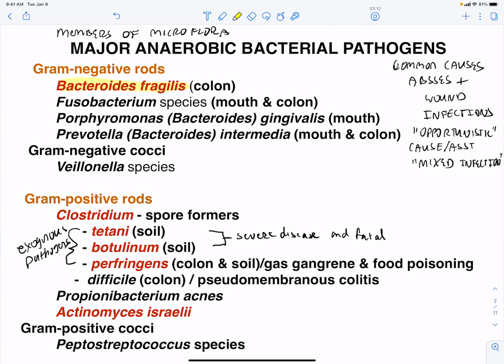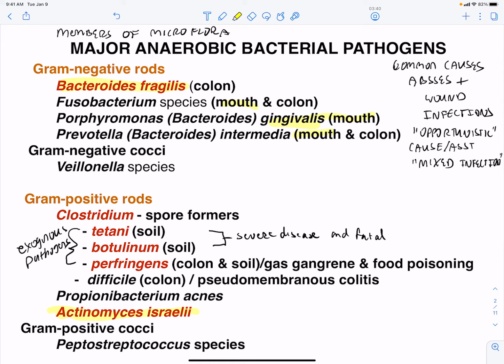We have a lot that are associated with mouth and gingivitis, Prevotella bacteria. We have our gram-positive rods that are going to be Clostridium species, Actinomyces. We'll talk about israelii. Propionibacterium acnes is going to be a gram-positive rod and is going to be the cause of infectious acne. Of course, not all acne is infectious.